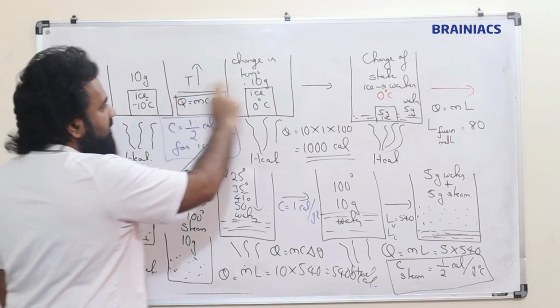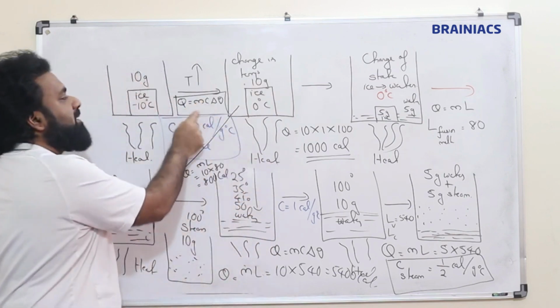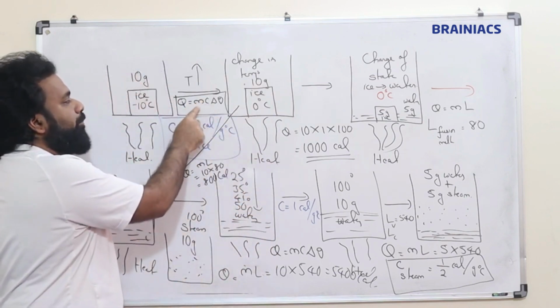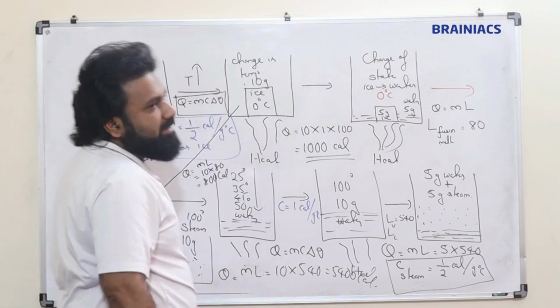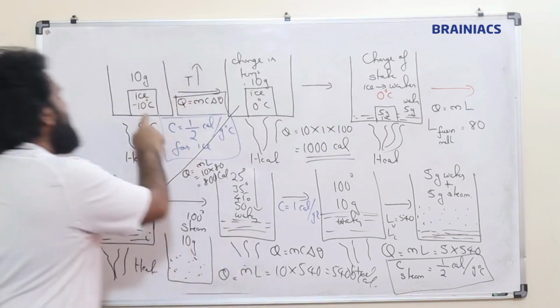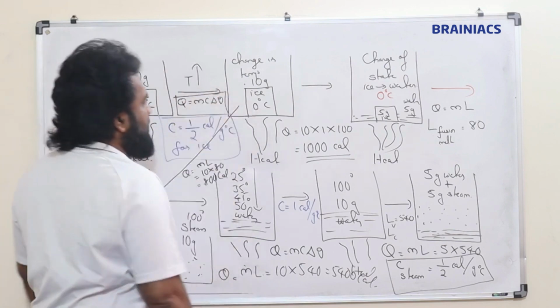How much mass is being heated, that we will have to put here. How much the temperature is changing, that we will have to put here. Then it will become ice at 0 degrees Celsius. First it will become -9, -8, -7, finally 0.